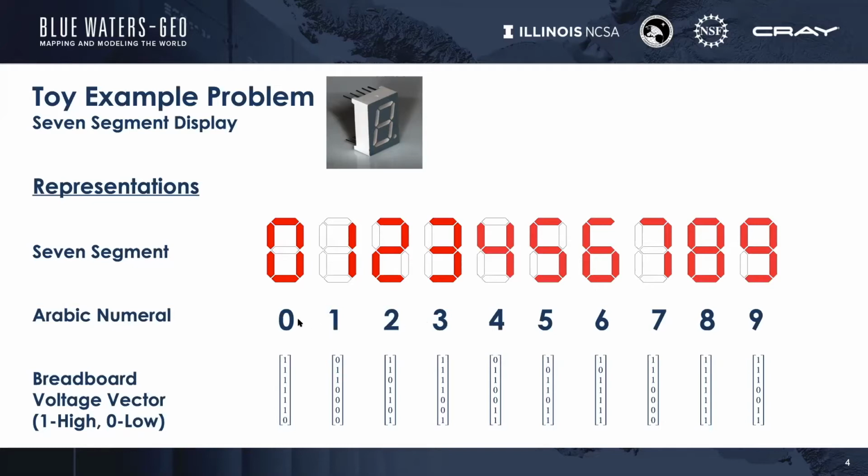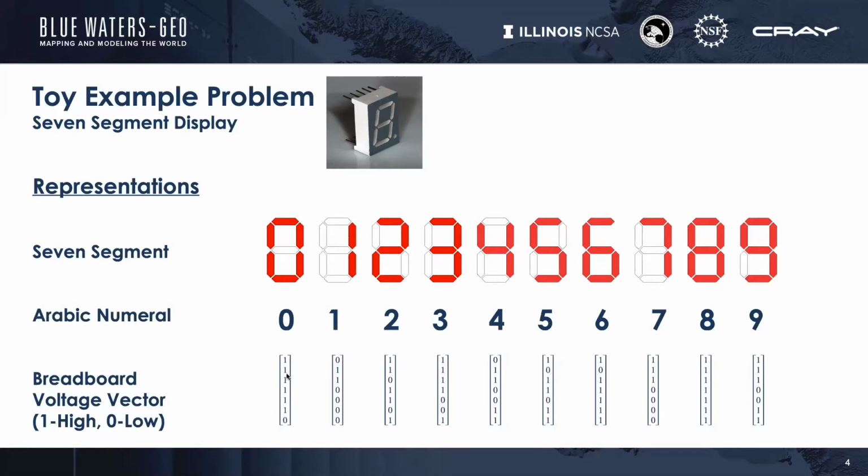So the next nice thing about this example is that we can also encode what the segment display is displaying by looking at what I'm calling a voltage vector. So on the bottom row here, the voltage vector is just describing which pins on the back of this electronic component are pulled to high voltages or low voltages. So the voltage vector that represents an Arabic numeral 0 is 1111110.